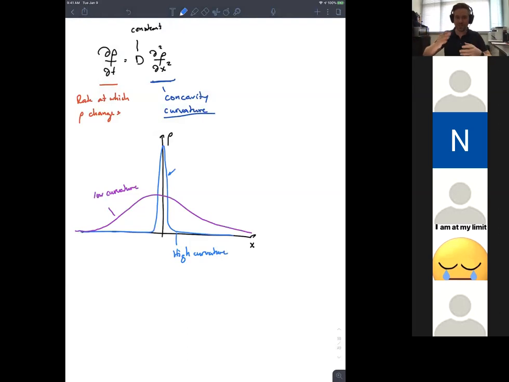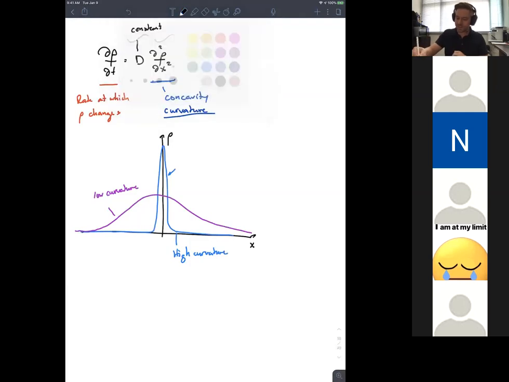So what is driving diffusion is local spatial inhomogeneity in the concentration, because the more inhomogeneous it is, the higher the curvature, and therefore the faster it's going to diffuse. The lower the inhomogeneity, that is, the more homogeneous it is, the less curvature there's going to be in this function, and therefore the slower it's going to change.